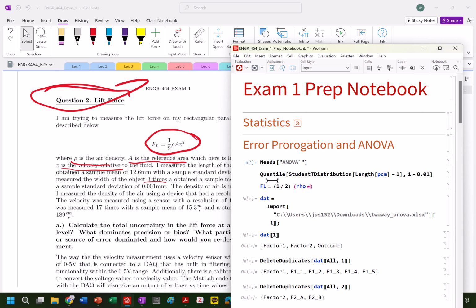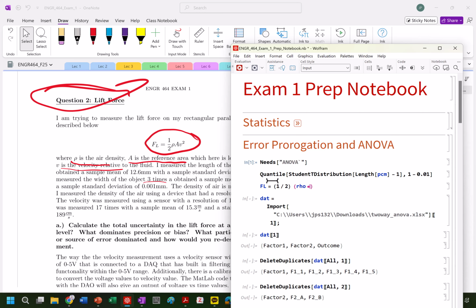Now I'm going to say dFL d rho equals the derivative of FL with respect to rho. I can do the same thing here for UV, not rho, but V, velocity. Now we're going to do bias. So my bias is going to be equal to the square root of dFL d rho times the uncertainty in rho.